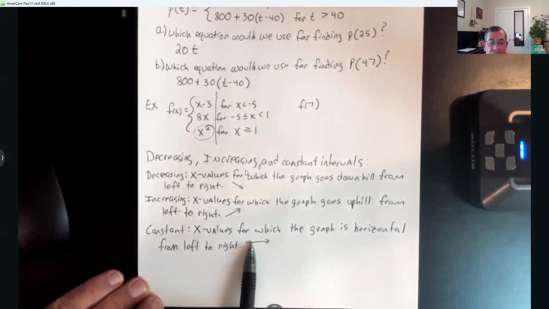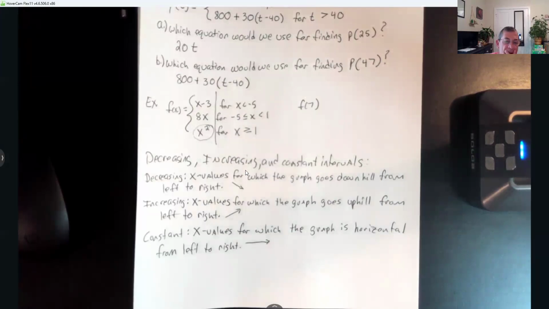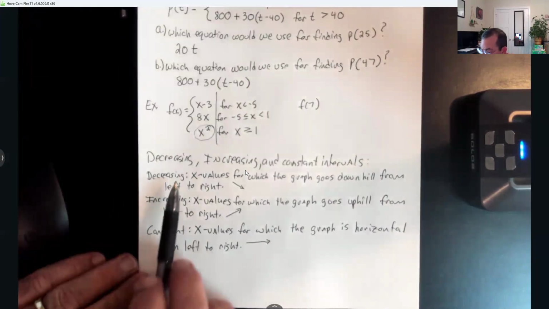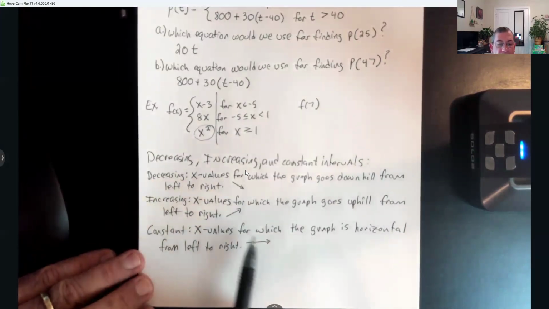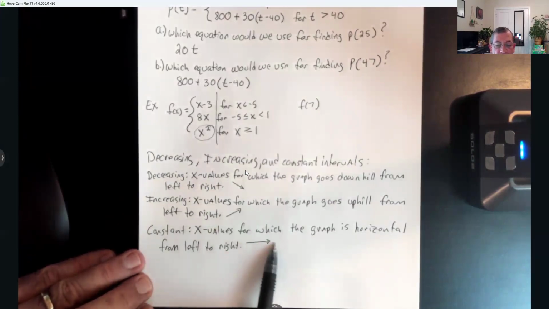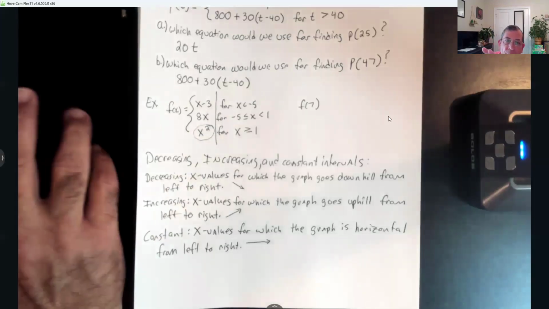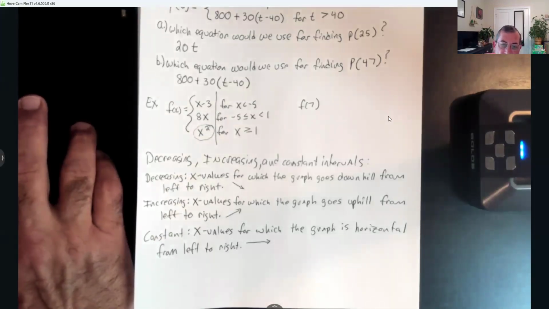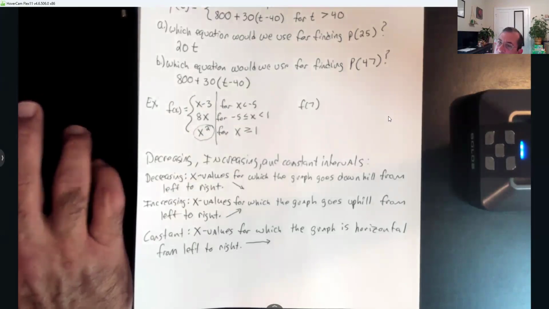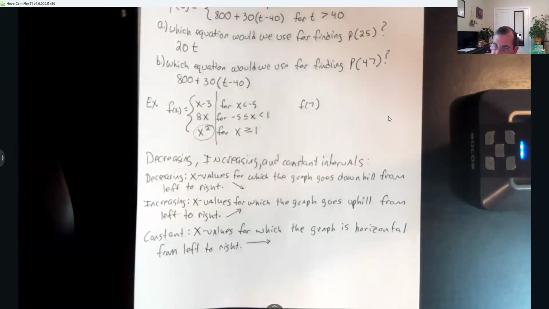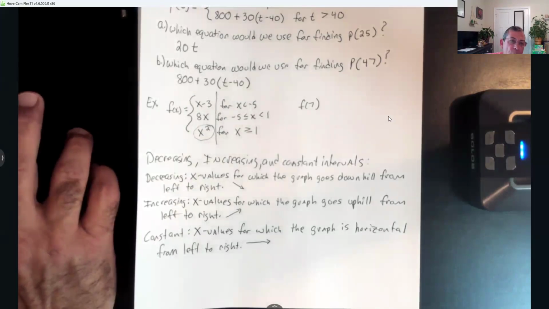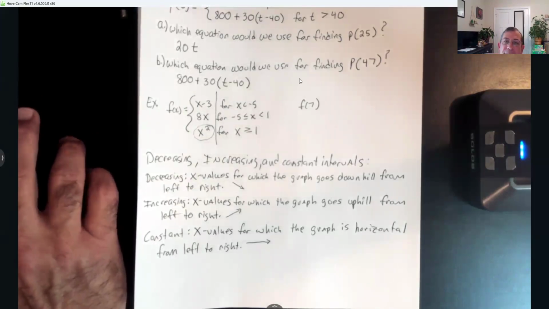All the y values had the same value, so we called it constant, okay? So decreasing, they'll go downhill left to right. Increasing uphill, constant, it'll go straight across like a horizontal line, okay? Now remember, we're only concerned with the x values where it starts and ends on these intervals, okay? So we're going to go look at these graphs and see what we get.